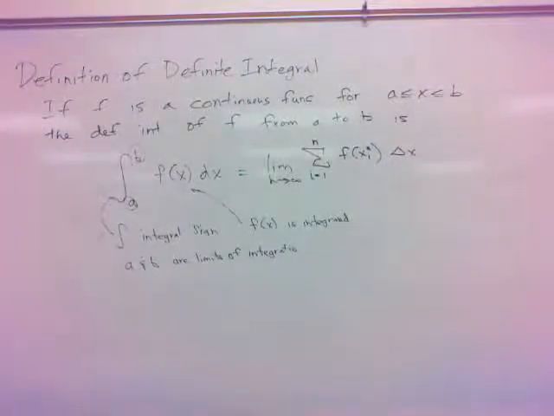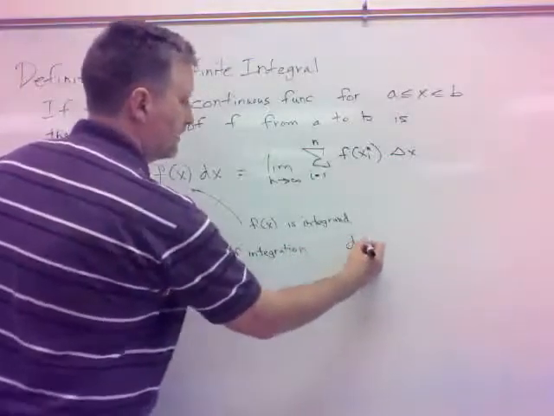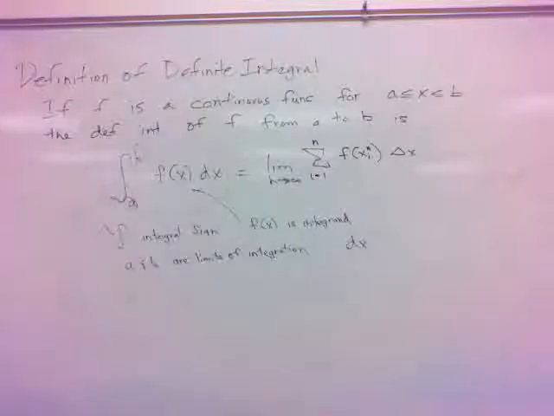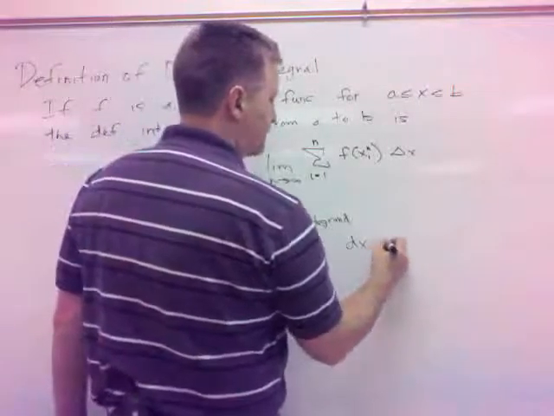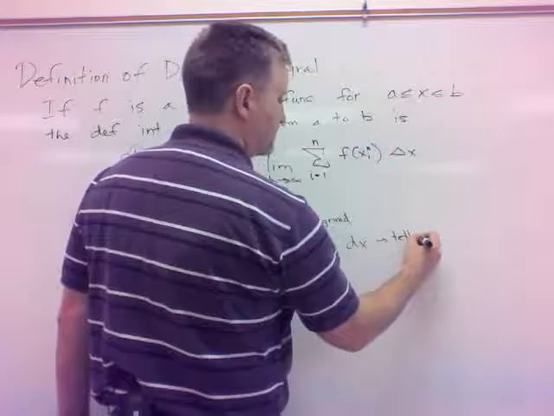And dx is used, one thing it's used for, to tell you what you're integrating with respect to. Because integrating with respect to y is probably a different thing than integrating with respect to x, right? So the dx, or whatever the d is here, tells you what you're integrating with respect to.